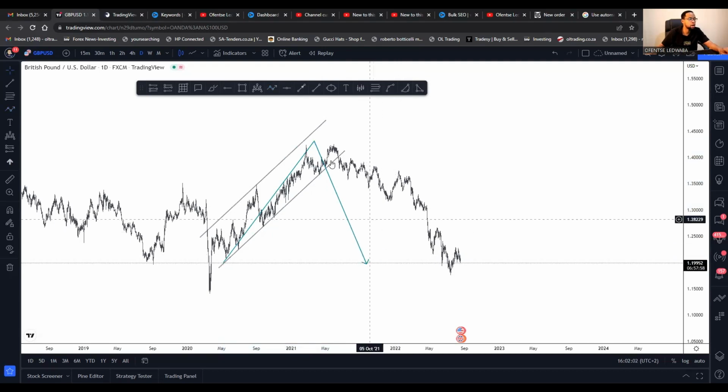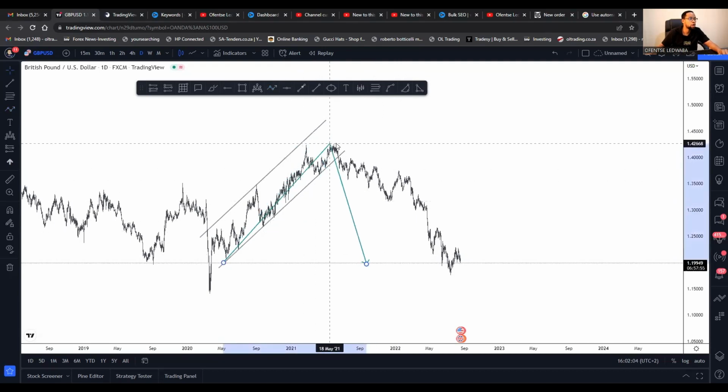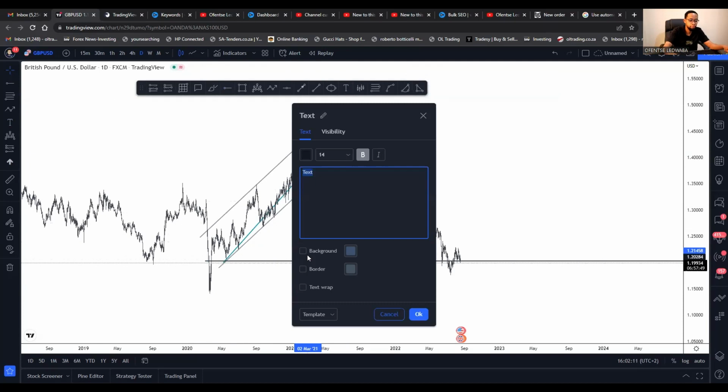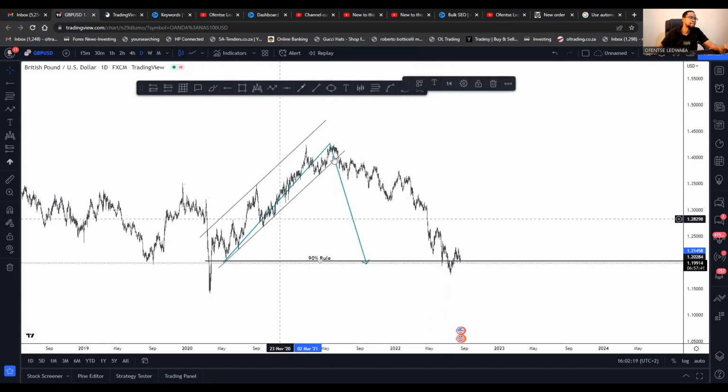As you can see now, we have what we call the 90% rule. By simply saying the 90% rule, we are saying that once it breaks here and confirms that it's going down, it's going to reach where it started, where the correction started. As you can see here, it's a correction.